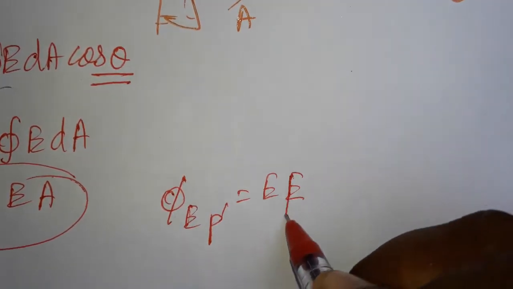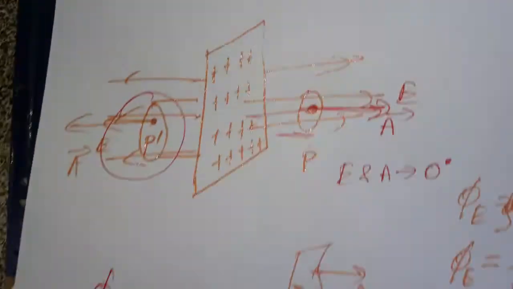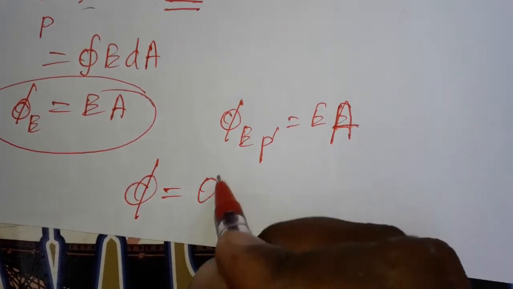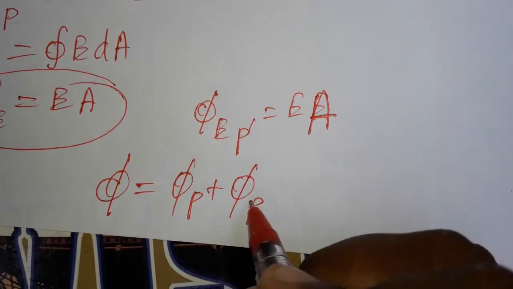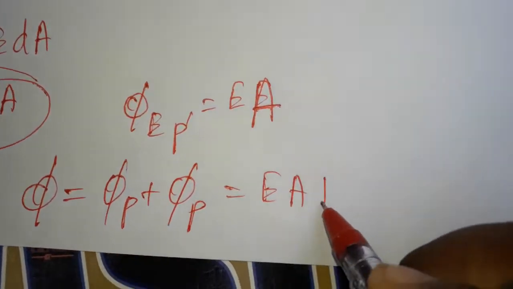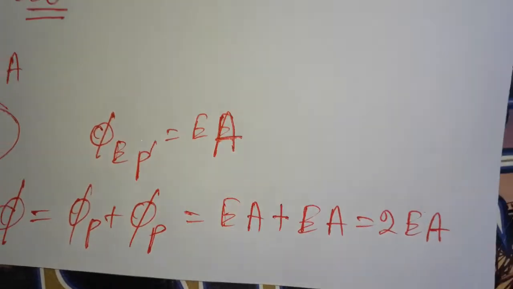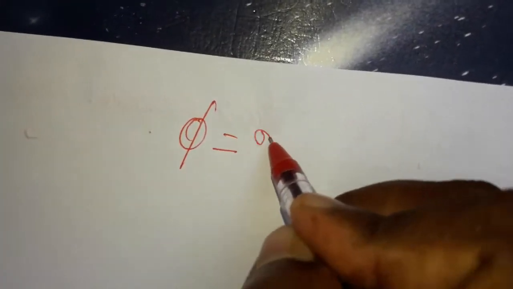What is the net flux for this plate? Total flux is equal to the flux at P plus the flux at P dash, so EA plus EA, we get 2EA.